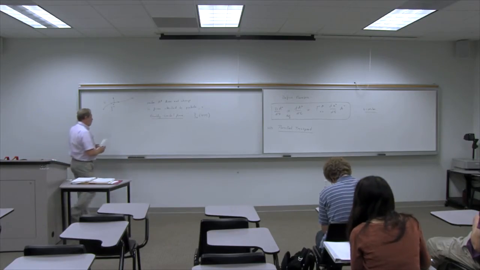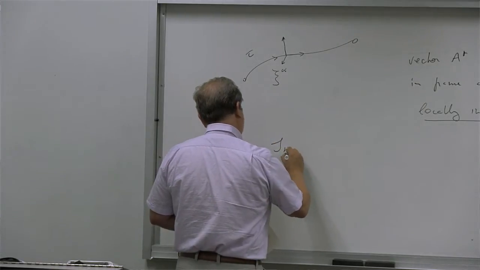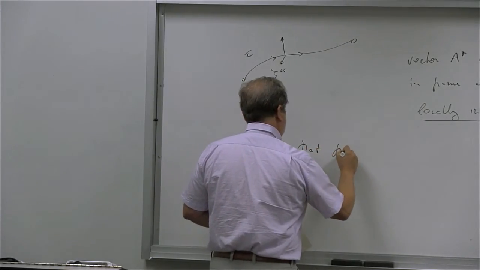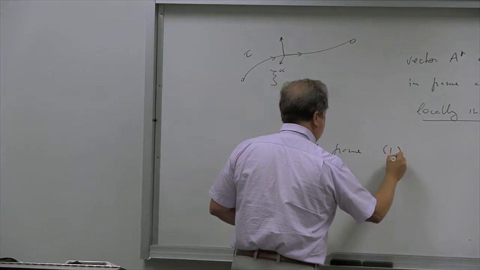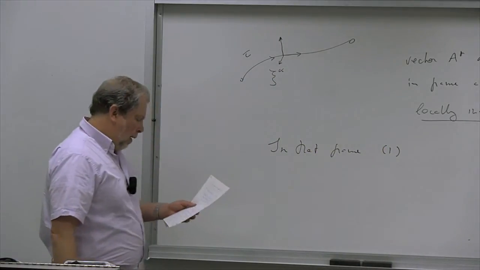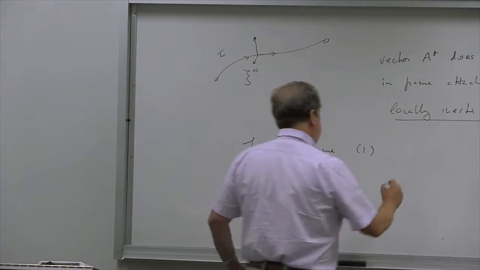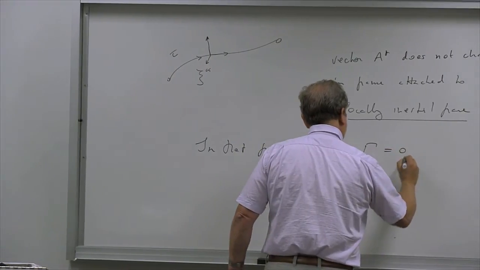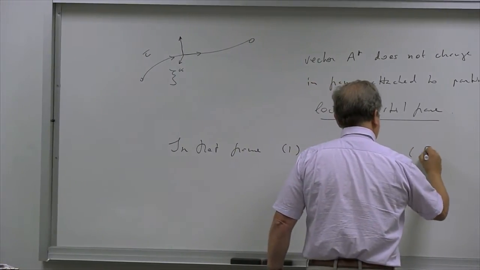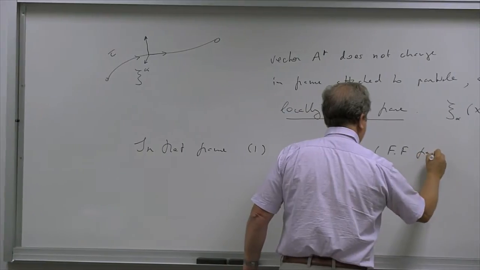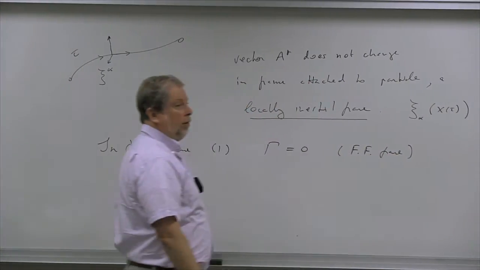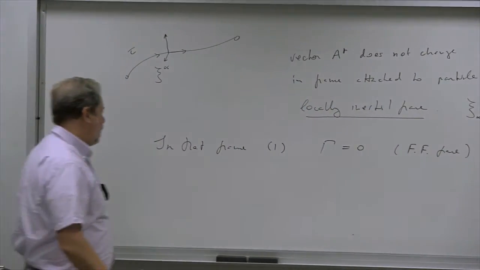And in that frame, you have two things. The first one is that gamma is 0 because it is a freely falling frame, right? So the affine connection is equal to 0.